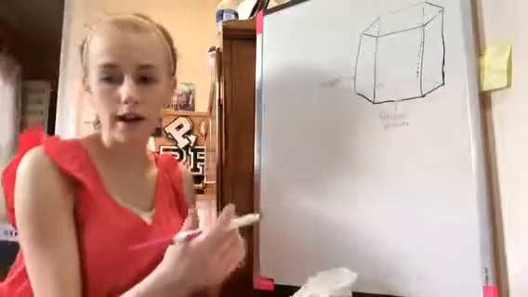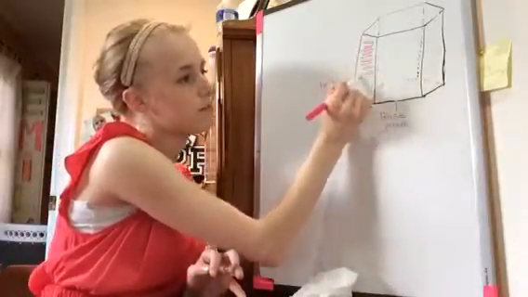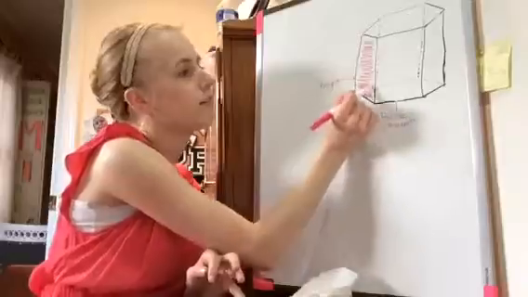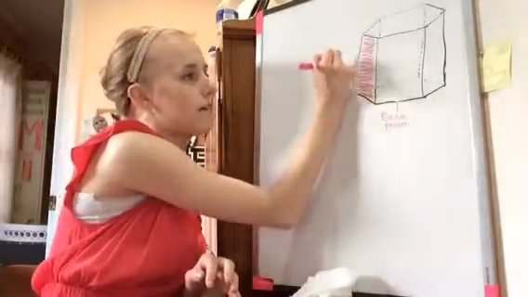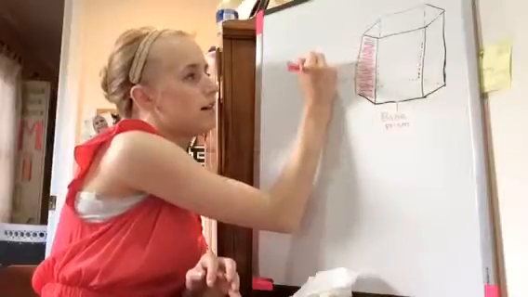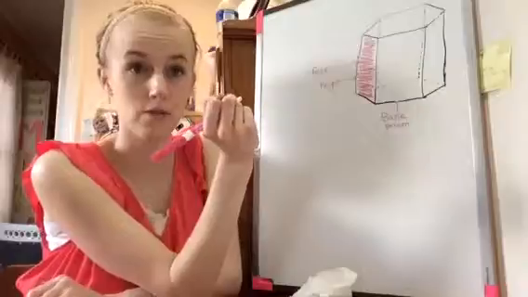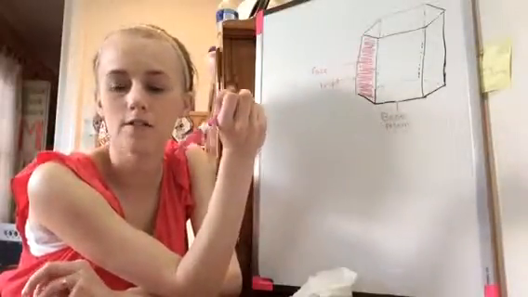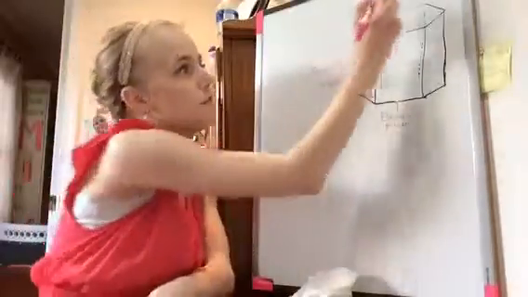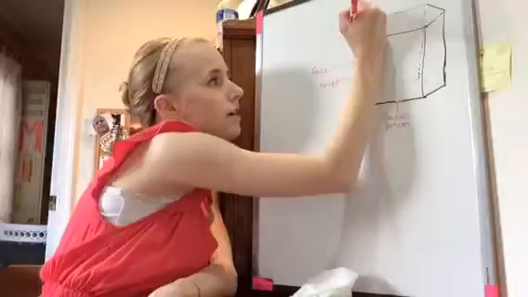So if I were to look at it, this shaded side, if this was a three-dimensional figure, would be what we call a face. So it's one of the sides of our three-dimensional figure. Second to last, we have our edge, and our edge is classified by this here.